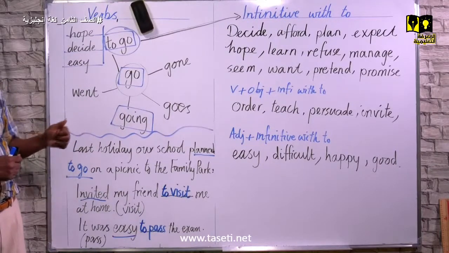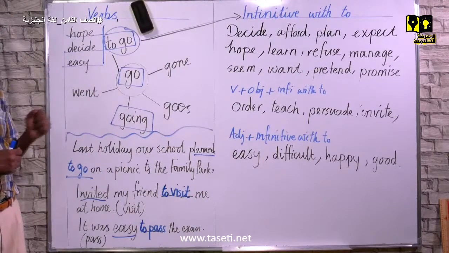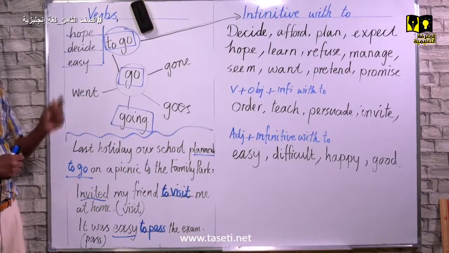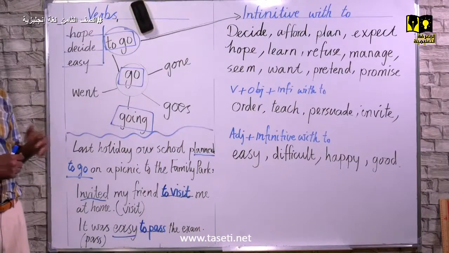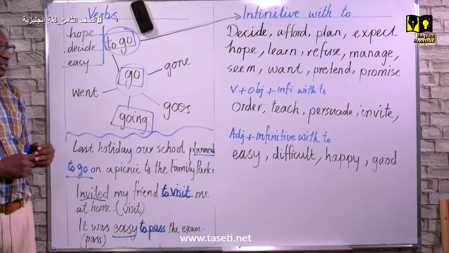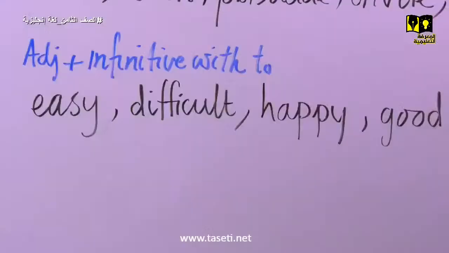And the infinitive with to also can come after some adjectives like easy, difficult, happy, and good, right? It's good to see you, right? It's good to be here. I am happy to hear from you, right? I am happy to get this gift, for example.